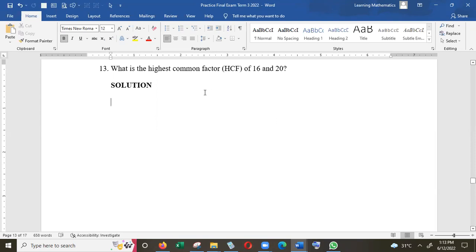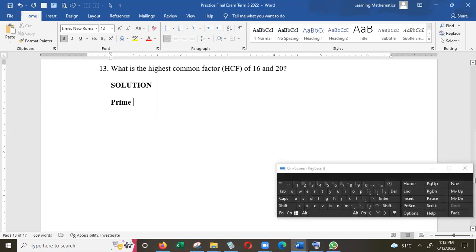So to do this, we have to prime factorize both 16 and 20.